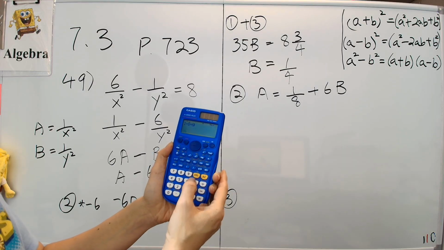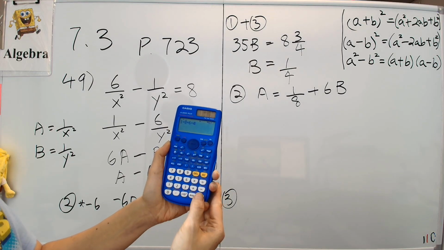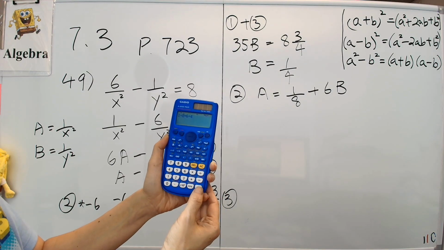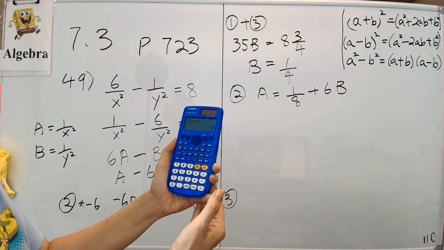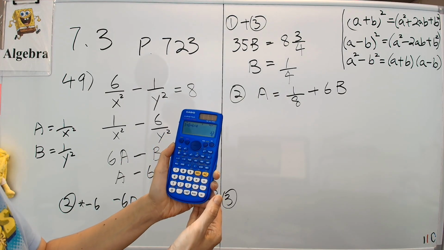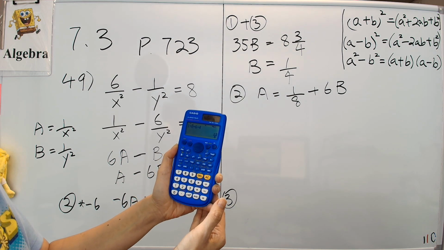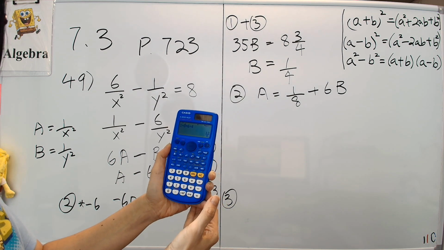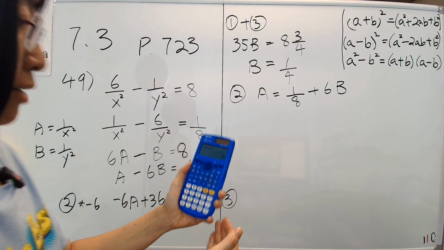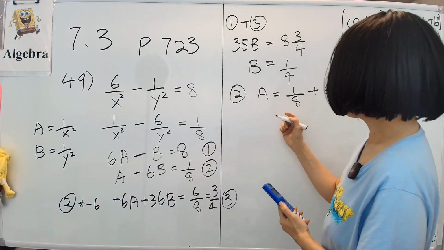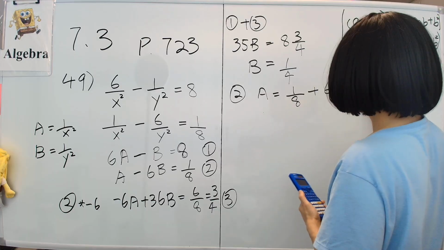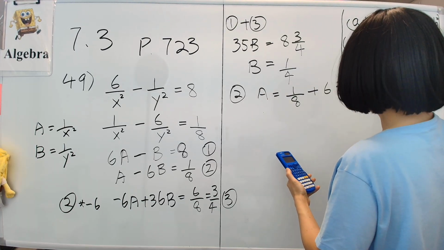So that means 6 divided by 4. Okay, that should do it. That's 13 over 8. A is 13 over 8, I guess. Let me write that down, and then I'll check to see if I messed something up.